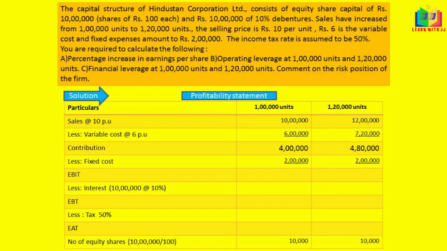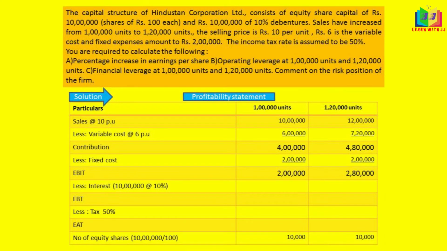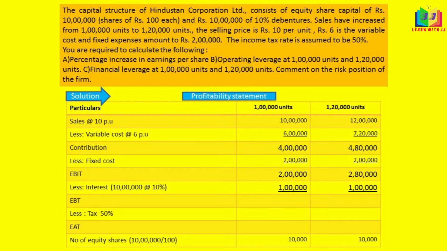Now we calculate the contribution. It is 10 lakh minus 6 lakh variable cost, which gives 4 lakh, and for 1 lakh 20,000 units, 12 lakh minus 7 lakh 20,000 gives 4 lakh 80,000. Next we subtract the fixed cost. We get EBIT of 2 lakh for 1 lakh units, and 2 lakh 80,000 for 1 lakh 20,000 units. The interest is the same for both, because the debentures are 10 lakh and the rate is 10%, so 1 lakh for both.